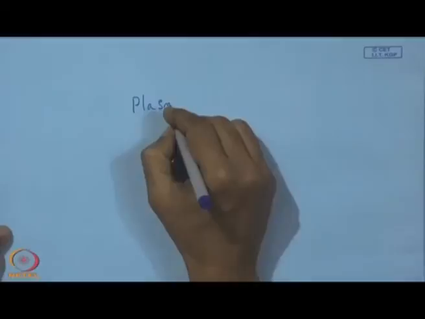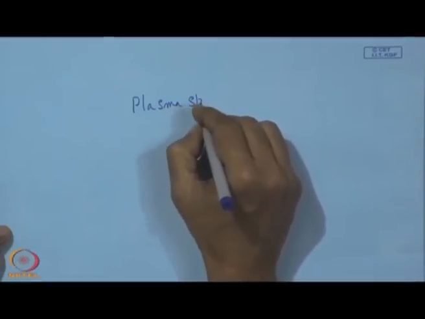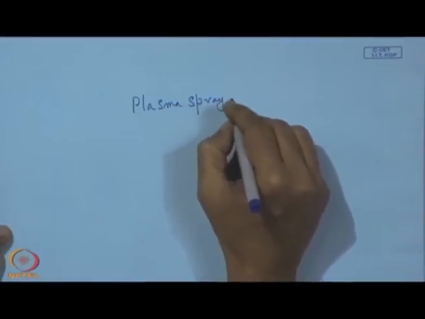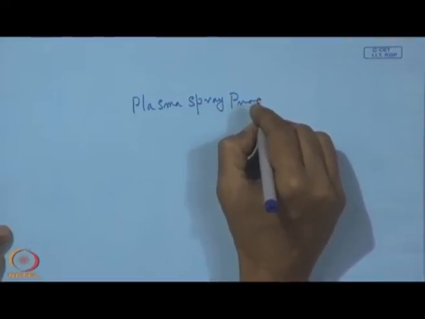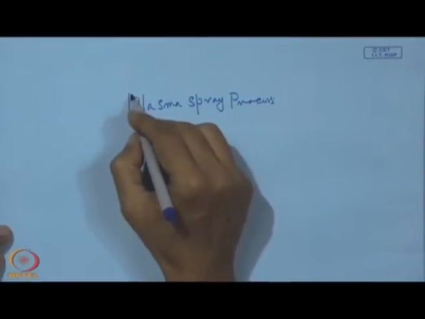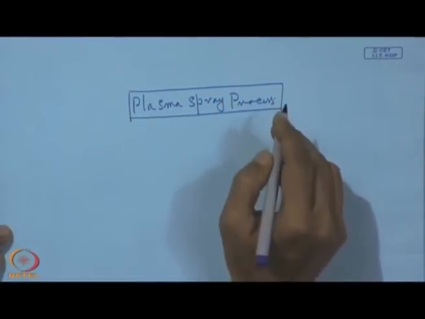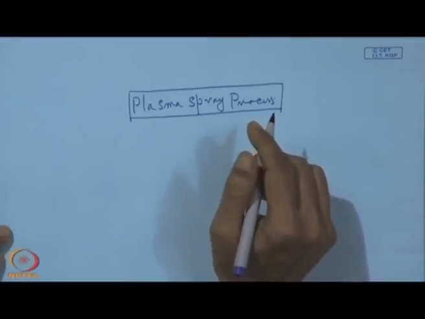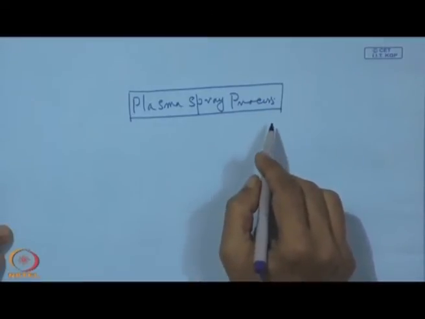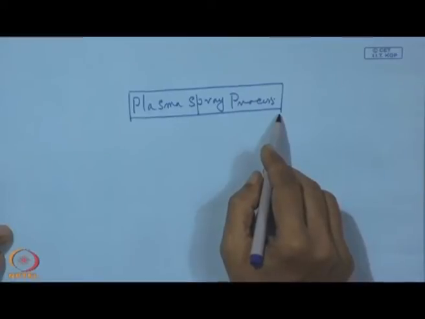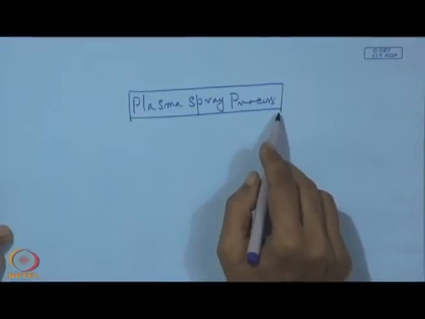Now, one thing is also important when it is a plasma spray process. This adhesion part is very important, because here we do not have exactly a chemical bond formation, just by melting a part of the substrate surface.